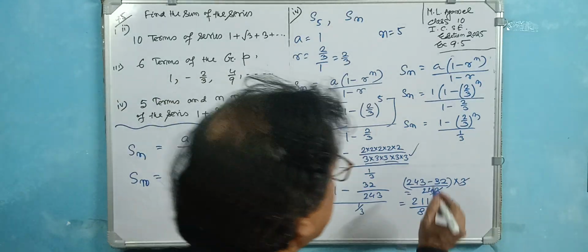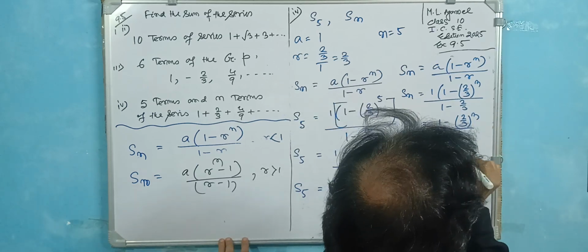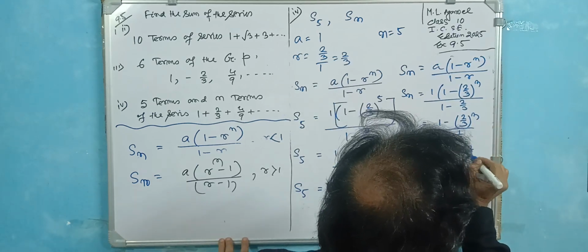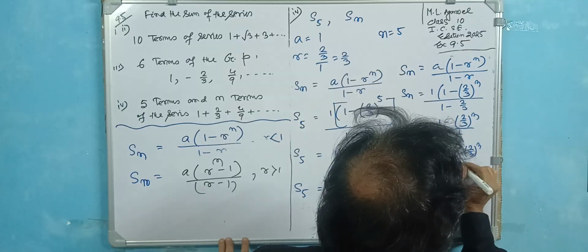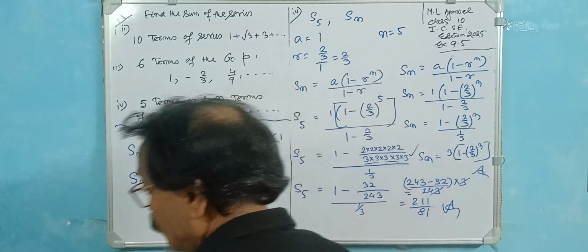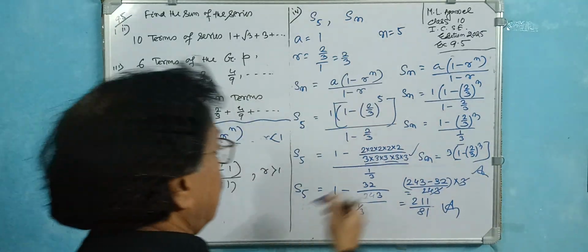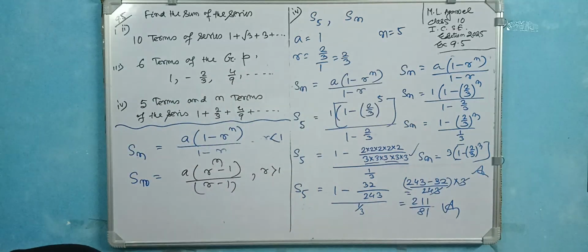So ultimately Sn, the 3 goes up, is 3 bracket 1 minus 2 by 3 to the power n. This is the ultimate answer. What is the value of Sn? 3 bracket 1 minus 2 by 3 to the power n.